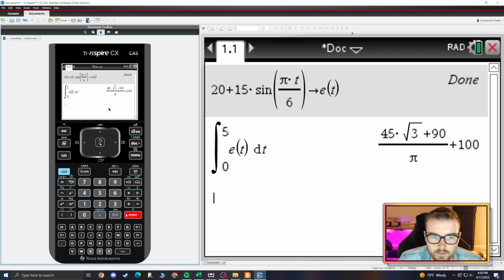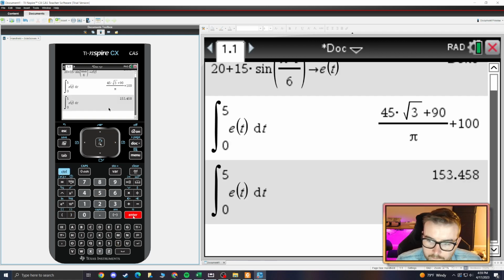And I'm going to get the answer. Let's go ahead and get the approximate answer. 153.458. And this is fish we're talking about. Terrific. We did the first problem.